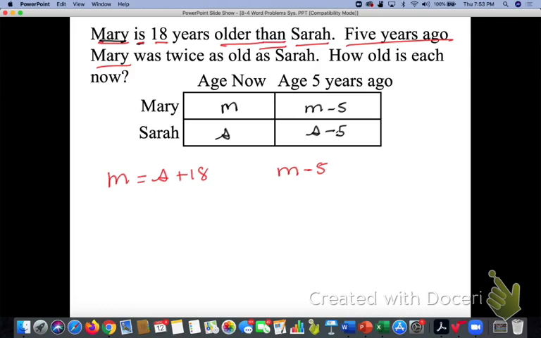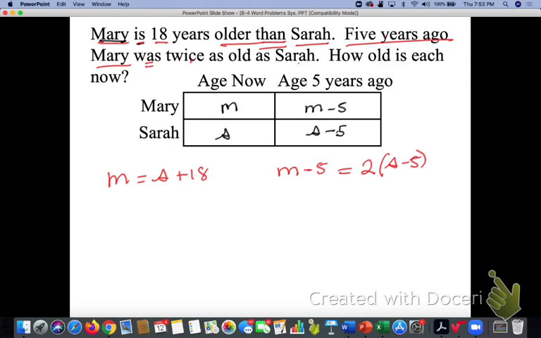Was, or will be, is my equal sign. Twice as old as Sarah. Remember, 5 years ago, twice as old as Sarah 5 years ago. So that would be Sarah is S minus 5, 5 years ago, that's her great age.